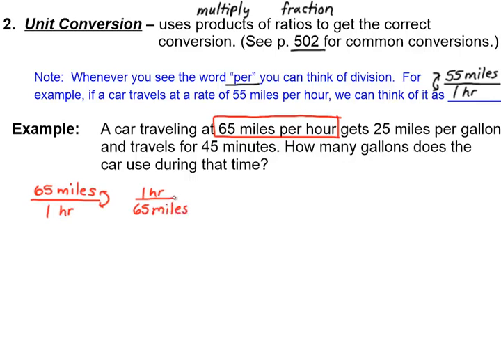It doesn't matter, okay? I want you to keep that in mind, that those things are exactly the same. We just flip them around a little bit. Okay? All right, let's look at another one. We got 25 miles per gallon. All right, so my other ratio is we're going 25 miles per 1 gallon of gas.